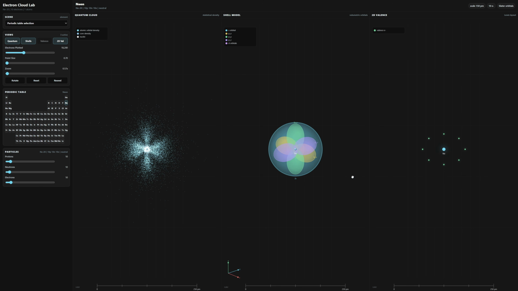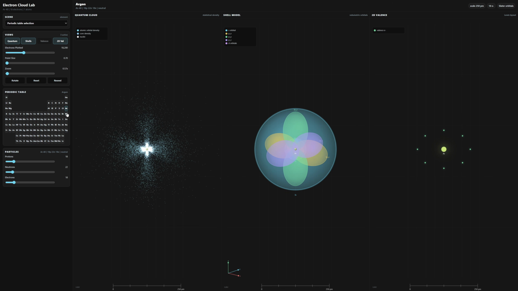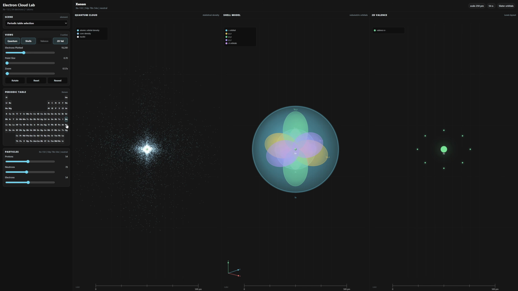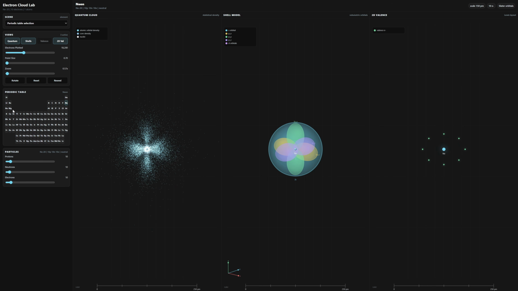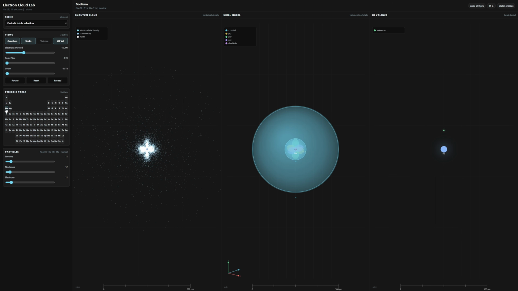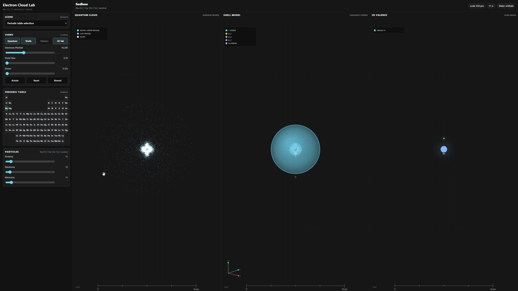When we get out to neon, there are 8 valence electrons, which makes all of the shells full, and this is why it will rarely react with other atoms and molecules. The same is true for all the other noble gases with full outer shells. When we add an electron and proton to a full shell, a new shell is created, and the atom becomes a reactive alkaline metal like sodium or potassium.